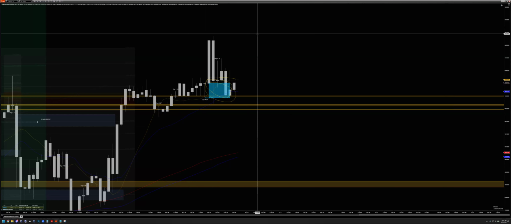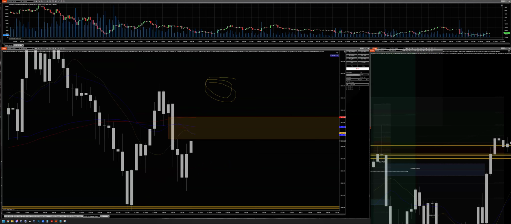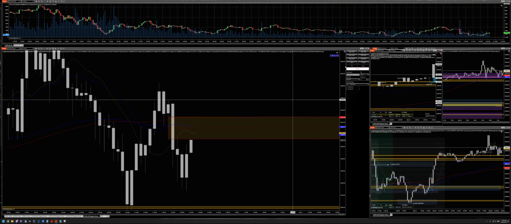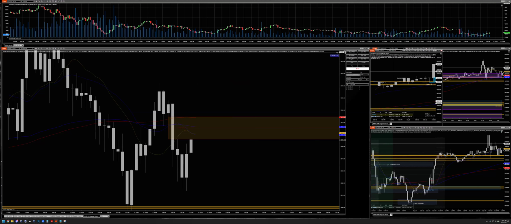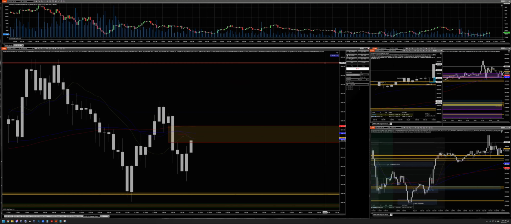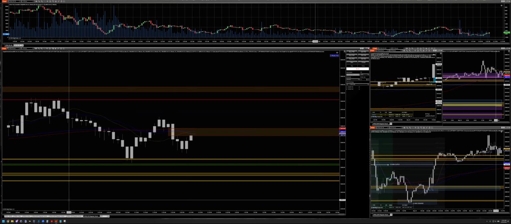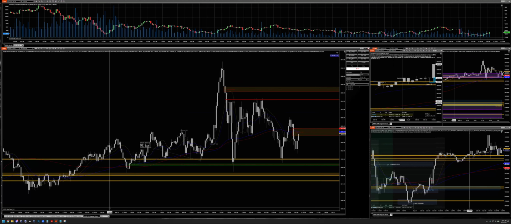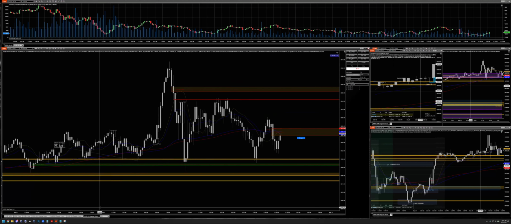Let me go back to another chart where it's not drawn yet. So now this little pop is creating an imbalance, right here. Can you guys see that?